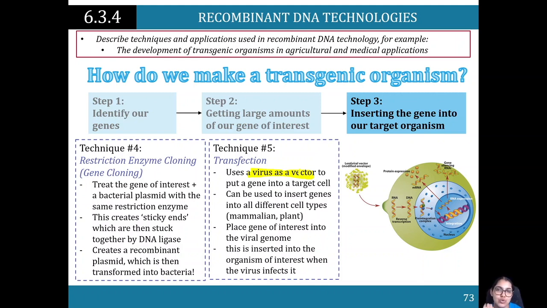We put a gene into the virus and send the virus into the target cell, and the virus hijacks the machinery of the target cell, forcing it to make the proteins of that specific gene that we wanted, because that's what viruses do. But this time, instead of the viral genes, we have the genes that we want.